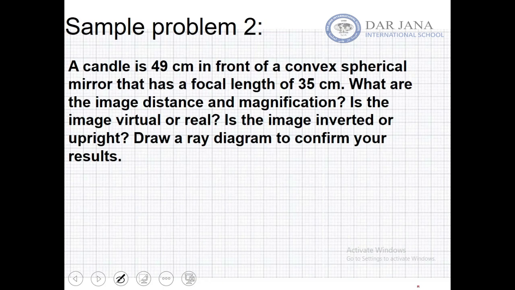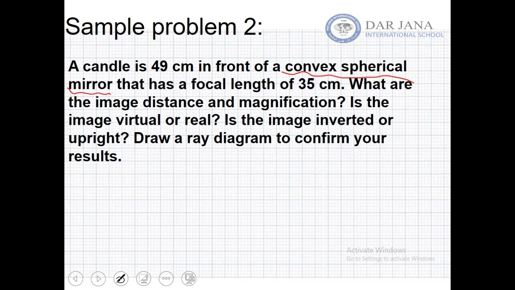So far, so good. Here, sample problem 2. A candle is 49 centimeters in front of a convex spherical mirror. Be careful: convex spherical mirror. Once you see the word convex, keep in mind that F will be negative, even if it is positive 35 centimeters in the given.